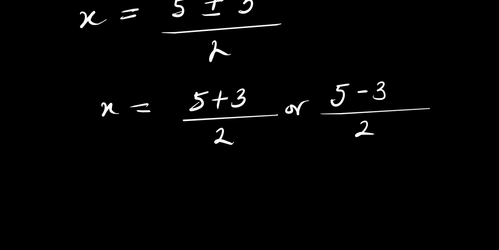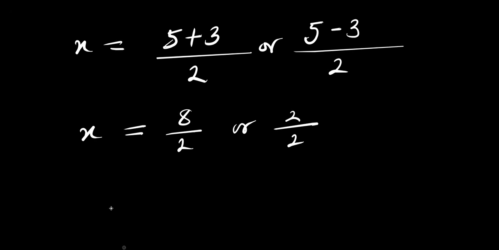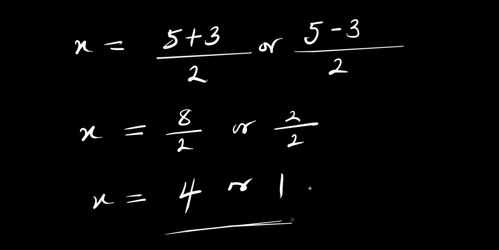So x equals 5 plus 3, that is 8 divided by 2, or 5 minus 3, that is 2 divided by 2. So we have x equals 8 divided by 2, that is 4, or 2 divided by 2, that is 1.